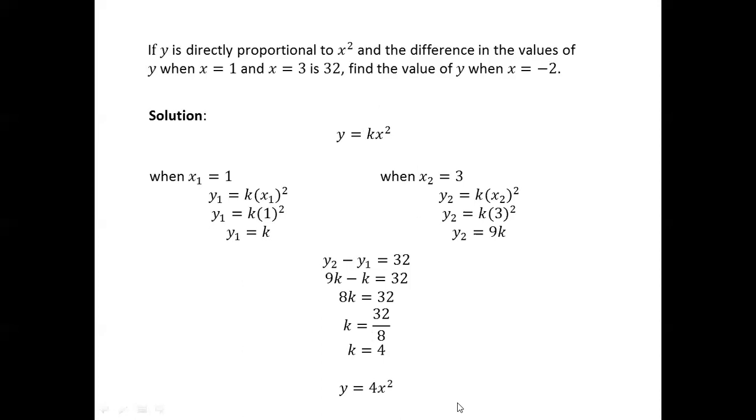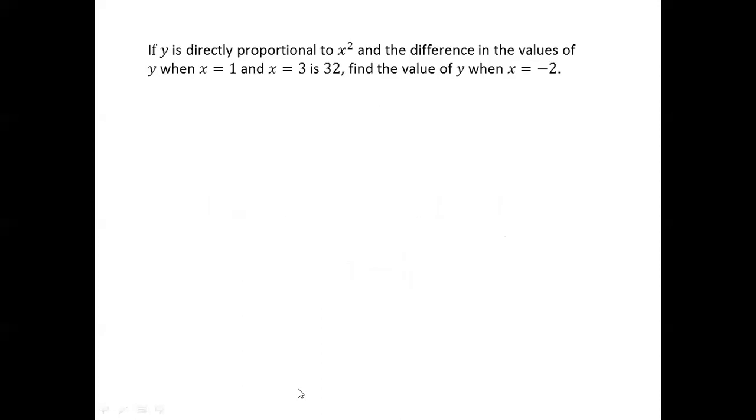This is the equation for this scenario. Now that we have this equation, we will be able to solve the value of y when x is equal to -2. We simply substitute -2 to x. -2 squared is +4. 4 times 4 is 16.